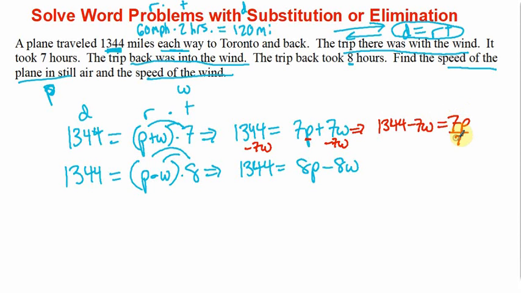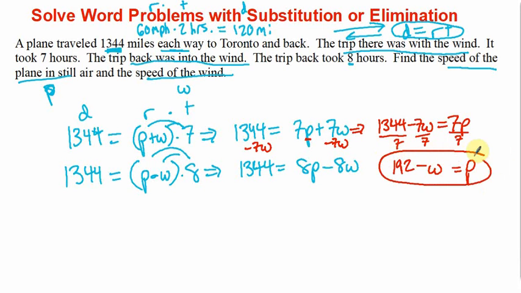And how do we solve for P? We could divide by 7. So we end up with P equals 1344 divided by 7. I believe that's 192. Let me just double check here. 700 plus 6... yeah, that's 192. And then 7W divided by 7 is just W. So there we have this.